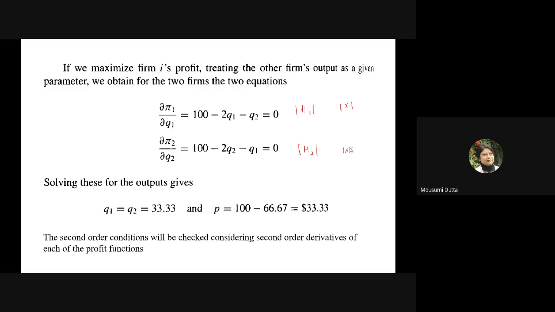From this equation, keep Q1 on the left hand side and the rest of the terms on the right hand side, because when you are considering Q1, you are considering Q2 as a constant.